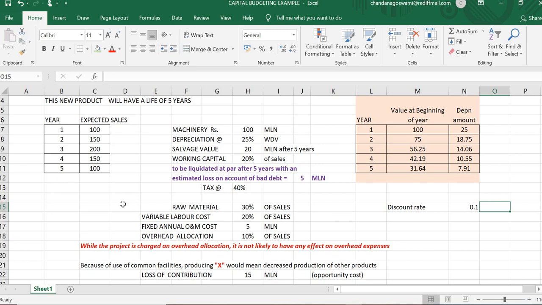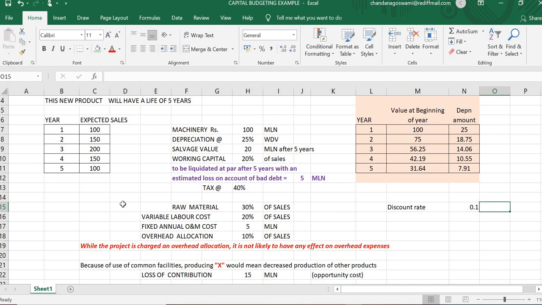It is said that while the project is charged an overhead allocation, it is not likely to have any effect on overhead expenses. Which means that on paper you have written that yes, there is going to be an overhead allocation. All right. But in reality, you don't have to spend anything extra in the name of overhead. So therefore, your overhead expenses are actually zero.